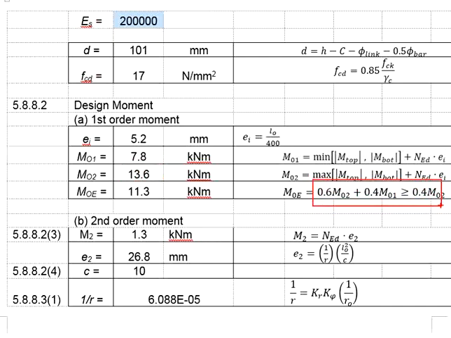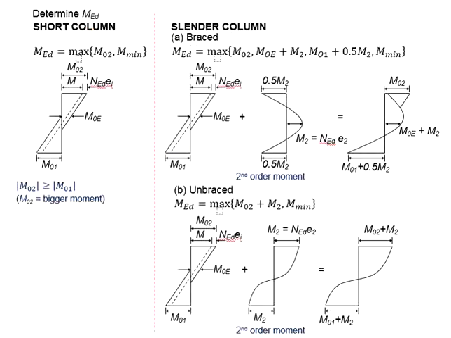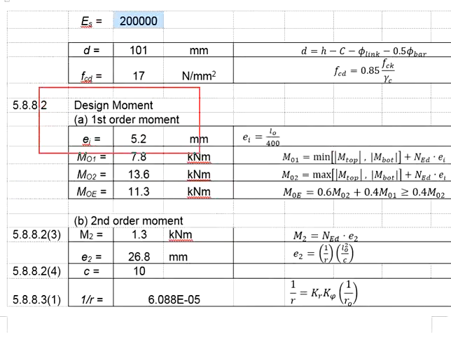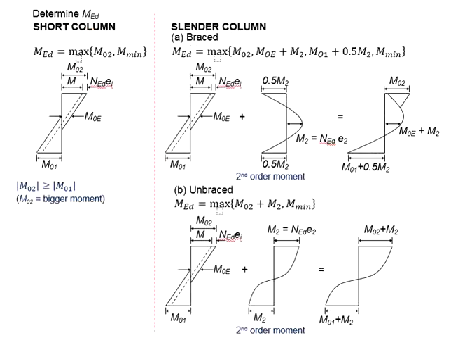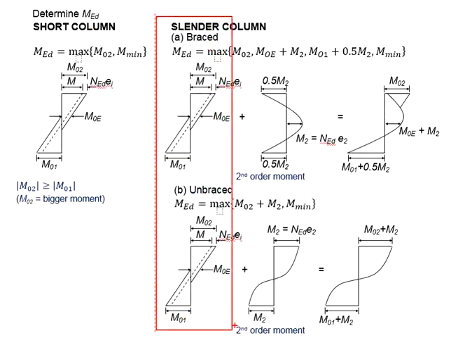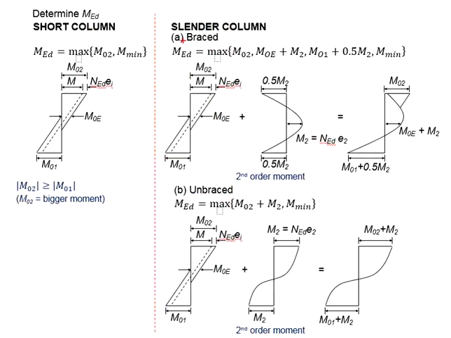Choose the bigger value. You get M0E to be equal to 11.3. Now if you observe the calculation step, this process will be the same for the slender columns, regardless of whether it is braced or unbraced.